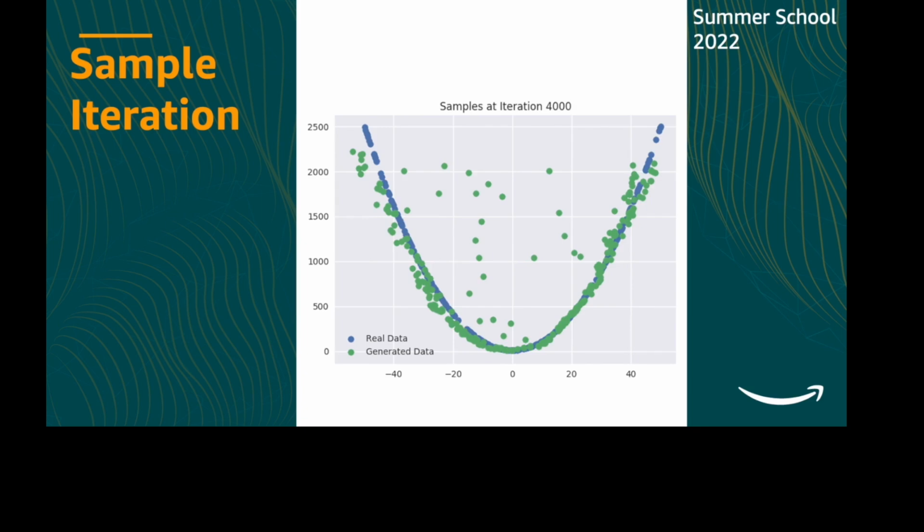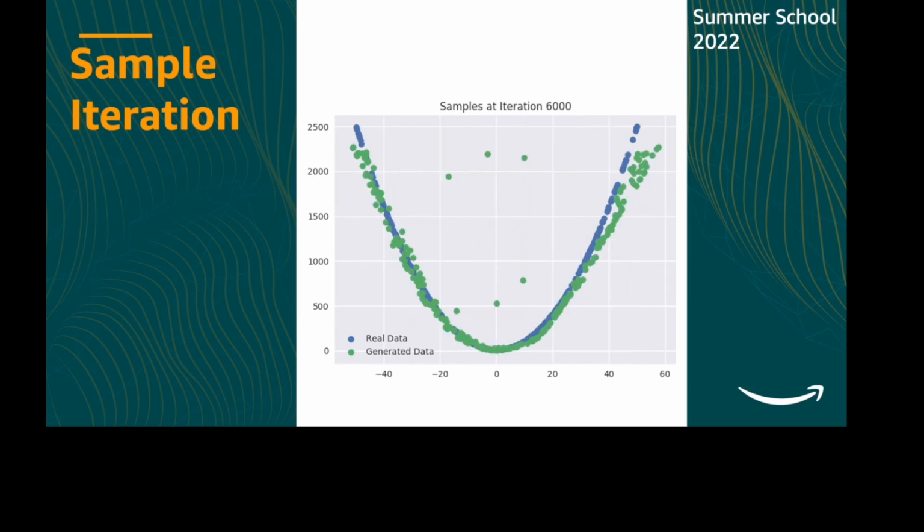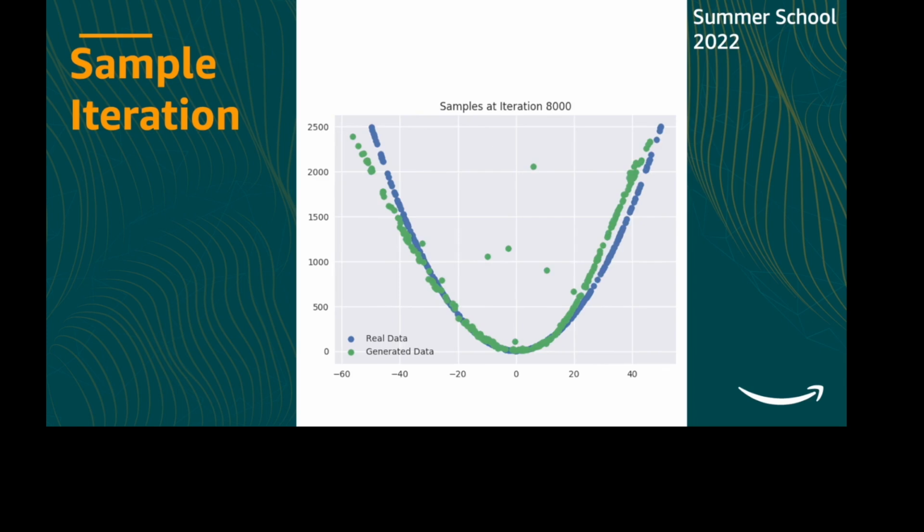We can keep on doing this for more and more iterations, and after 9,000 iterations the data generated by the generator look very similar to the real data. So the generator has become good, and if you pass a green point to the discriminator, it won't be able to identify whether it is real data or fake data.